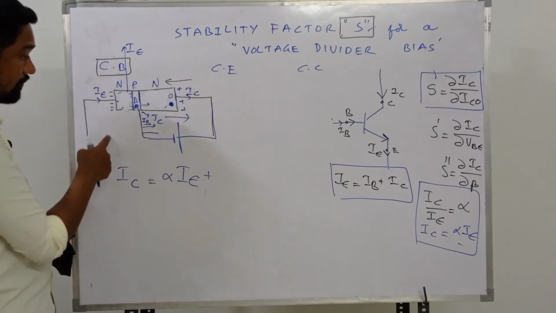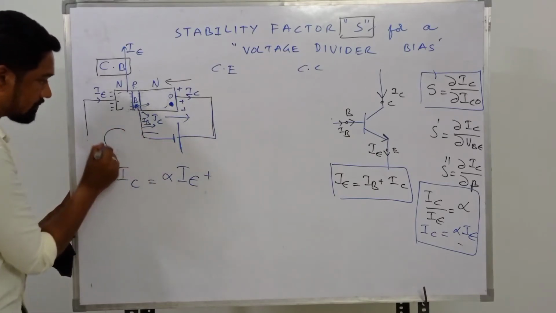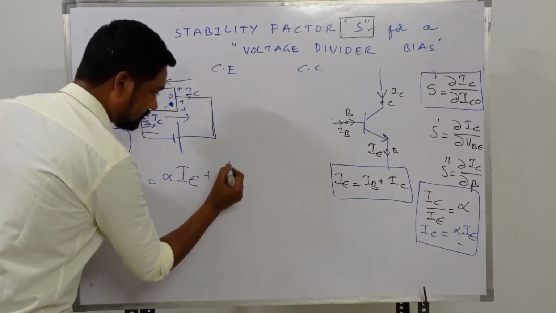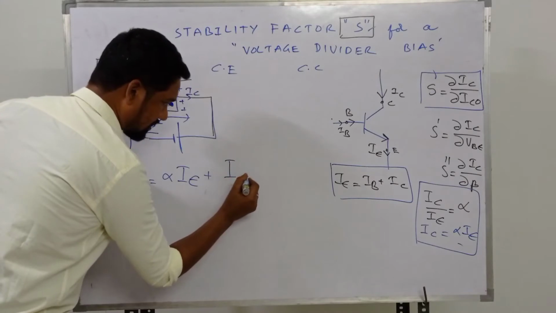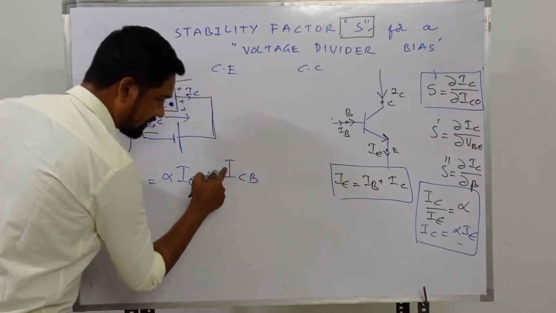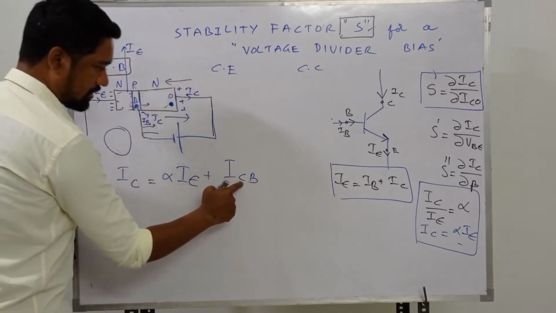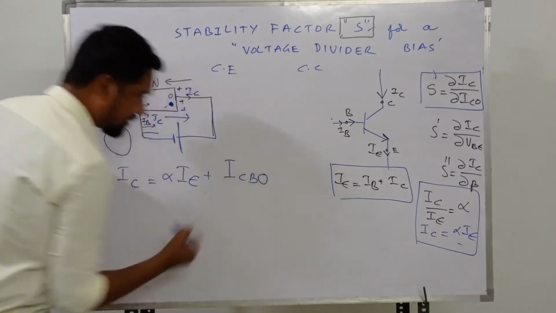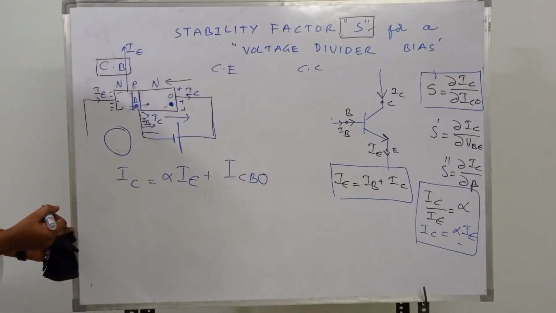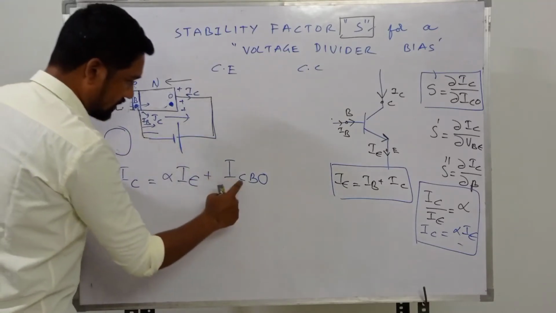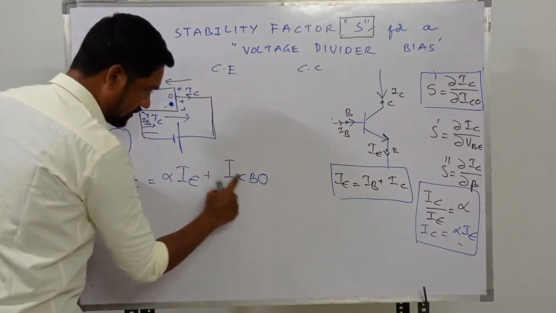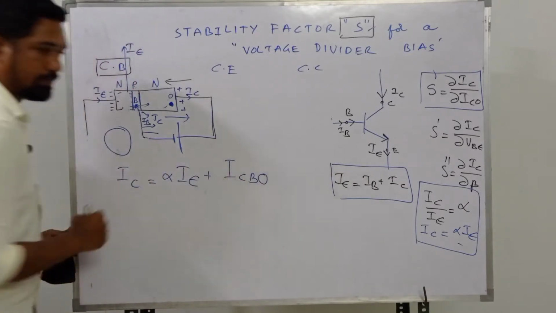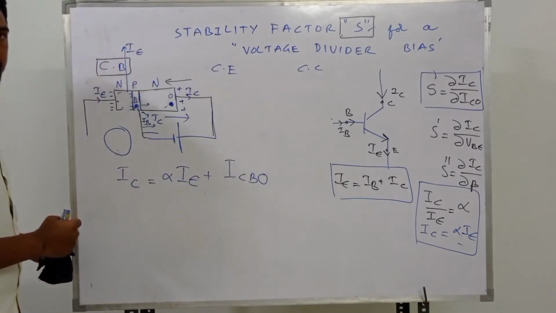In the absence of this one, when the emitter is open, it's the collector to base current when the emitter is open. ICBO. It's a collector to base current when the emitter is open. It's a reverse saturation current.